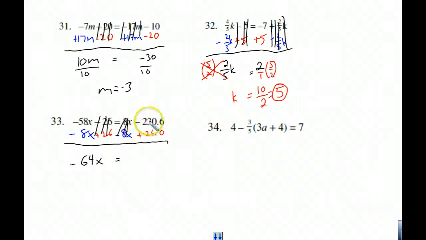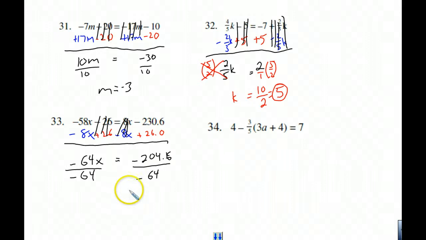Alright, negative 230.6 plus 26 is going to be negative 204.6. Okay. And you don't really have to worry about having a problem with this kind of decimal on the actual final, but just note the steps for solving it. But if we were to solve it, we would get x equals 3.1. And that would be positive because a negative over negative is positive.